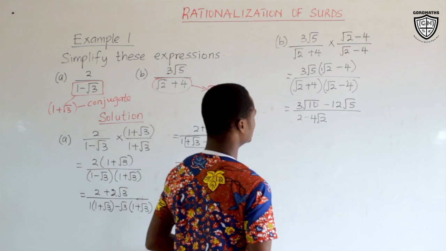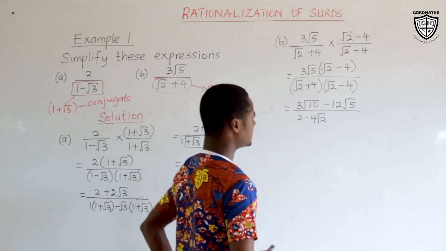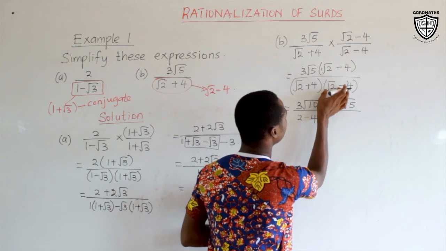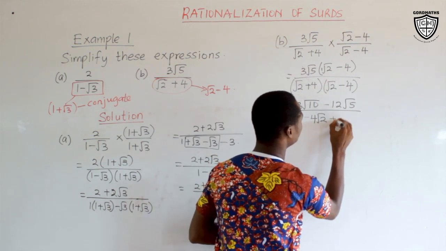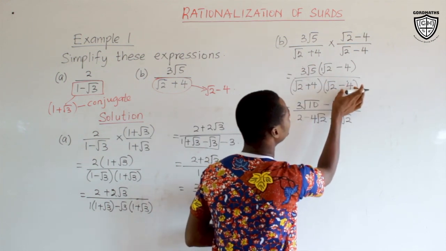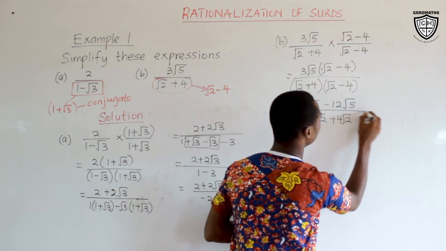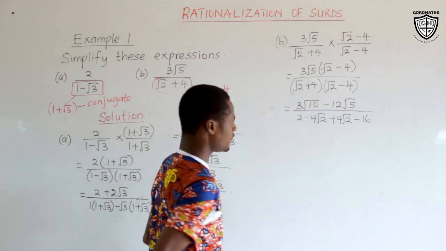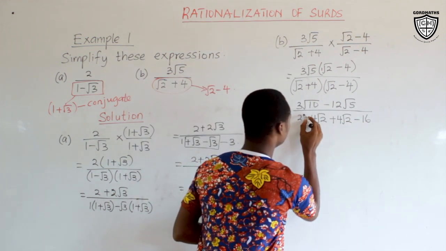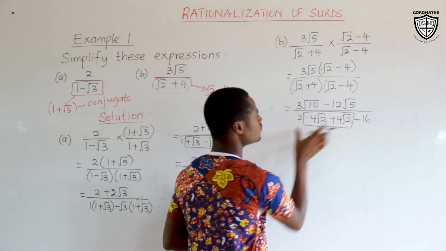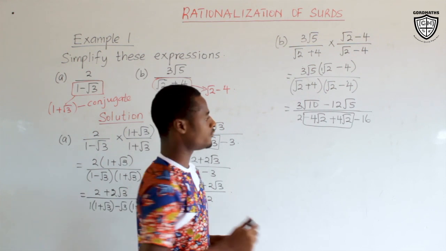We have already discussed the multiplication of sets. Then from there, plus 4 times root 2 will give us plus 4 root 2. And then plus 4 times minus 4 will give us negative 16. So from there, negative 4 root 2 and then positive 4 root 2 will cancel out to give 0.